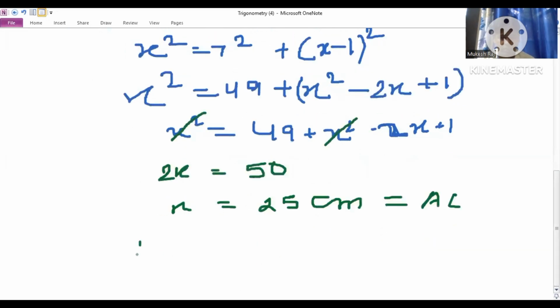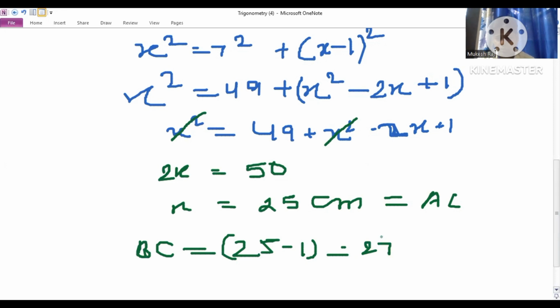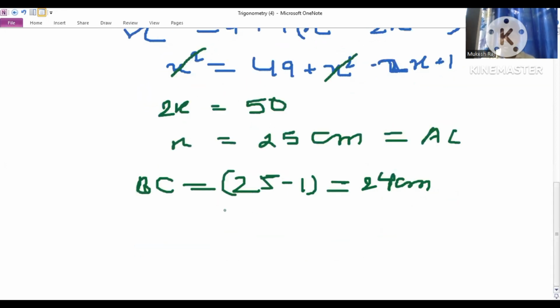Now if we talk about the value of BC, that is the other side, BC is going to be equal to 25 minus 1, which is equal to 24 centimeters.